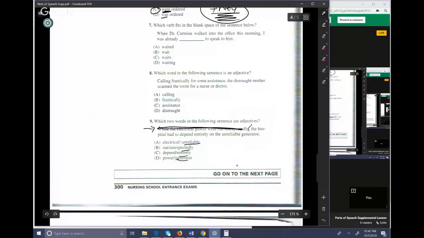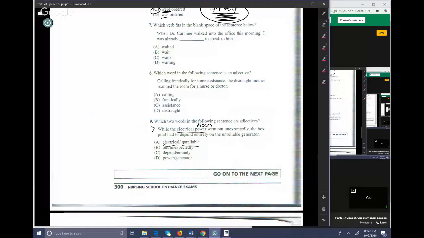They don't have unreliable, which we know has to be the second half of the answer, in any more than one place. That said, you want to make sure that the other one that they have with it is also an adjective and is valid. And electrical power. So the power is the noun. Remember that the noun is the one that would have to be there, and the adjective is the one that could be there or not.